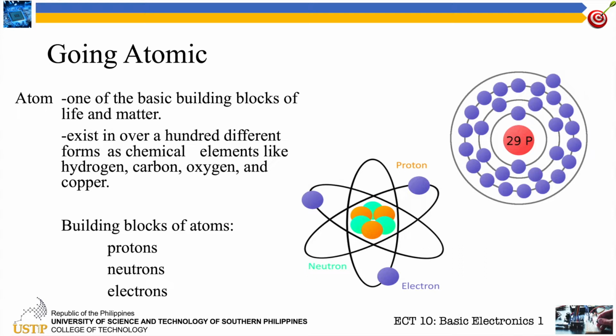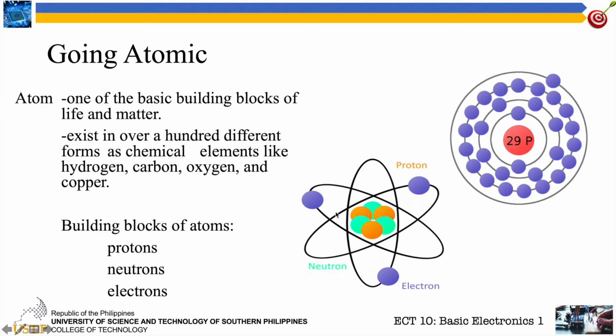From our chemistry way back in high school, the building blocks of atoms are the protons, the positively charged particles, the neutrons, the neutrally charged particles, and the electrons, the negatively charged particles.